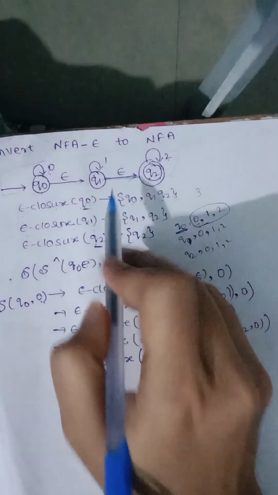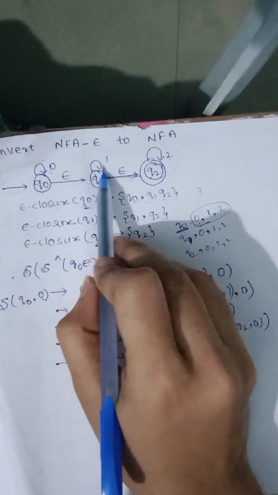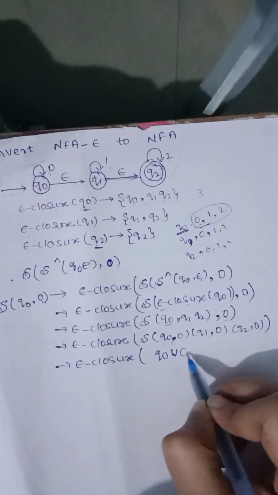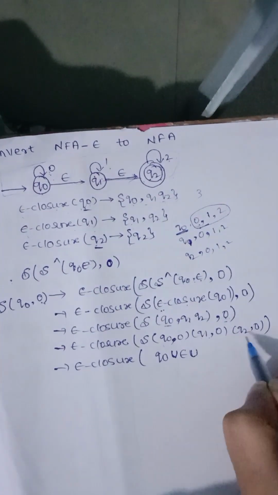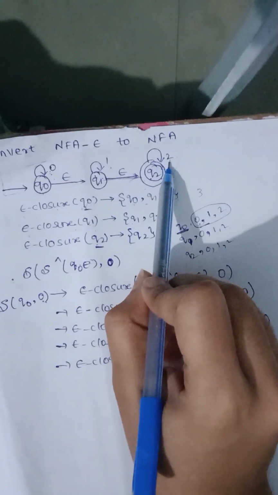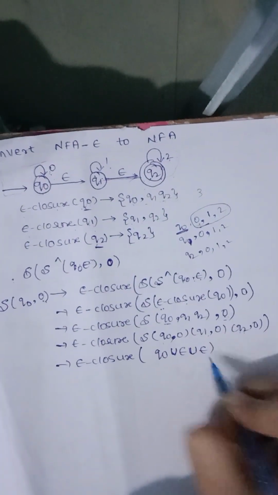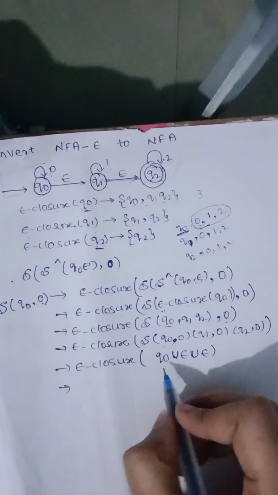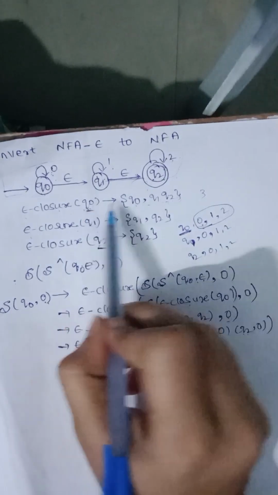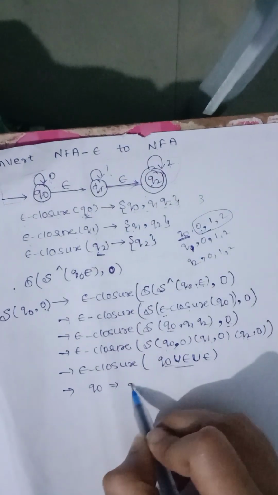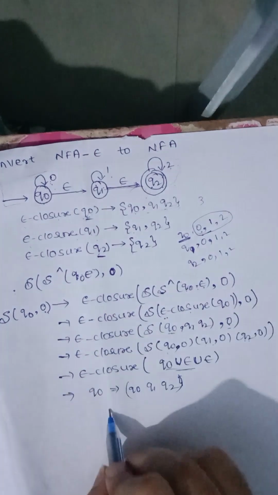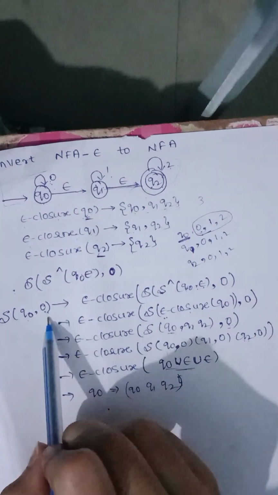From Q1 there are transitions on epsilon and a self loop on 1. Is there any transition with 0? No. For Q2, is there any transition with 0? No. For that we write epsilon. Now what will be the answer? Q naught, Q1, Q2. This is the answer for Q naught 0.